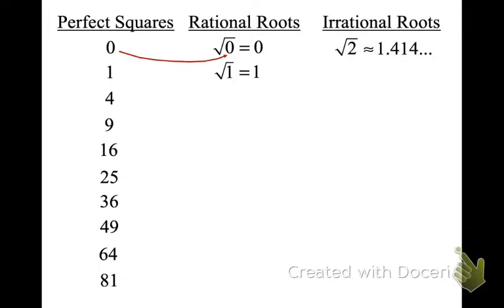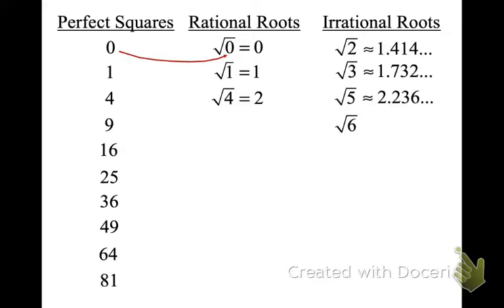Square root of 2 is an irrational root. Anything that's not perfect is an irrational root. Square root of 3 is irrational. The square root of 4 would be rational. What about the square root of 5? Irrational. Square root of 6, irrational, because these are not perfect squares. Square root of 7, irrational.